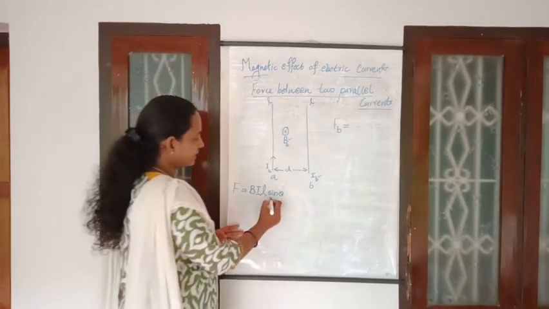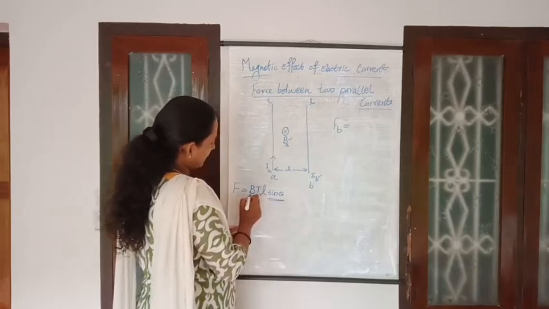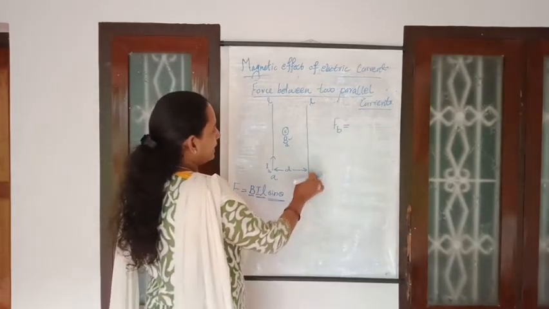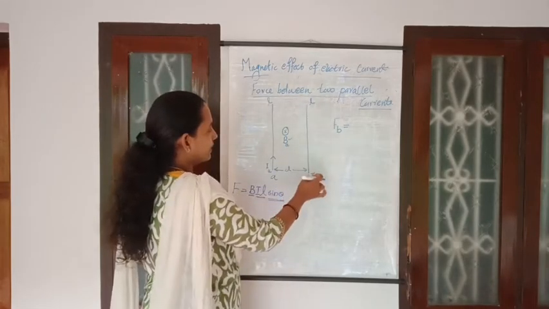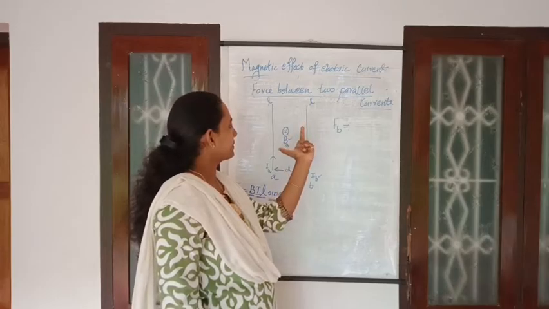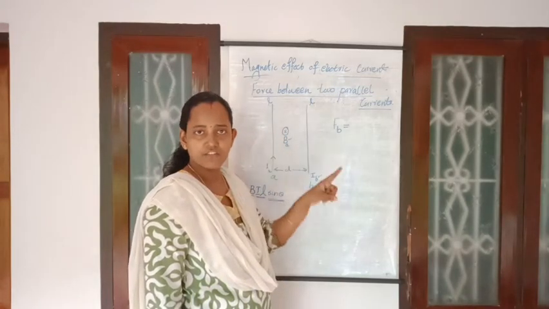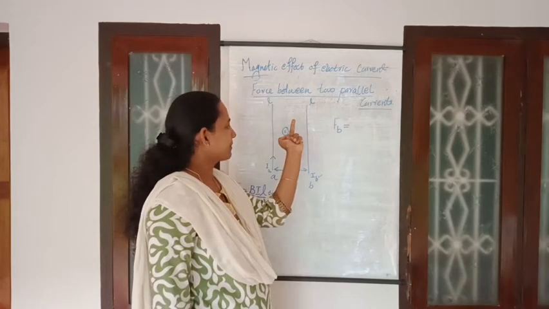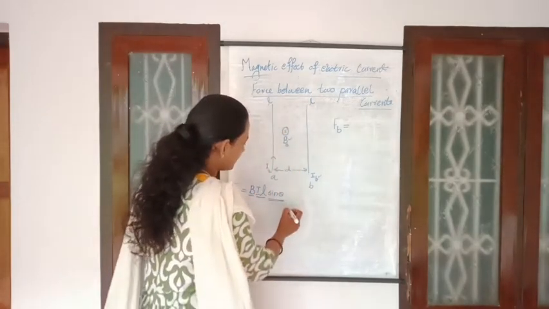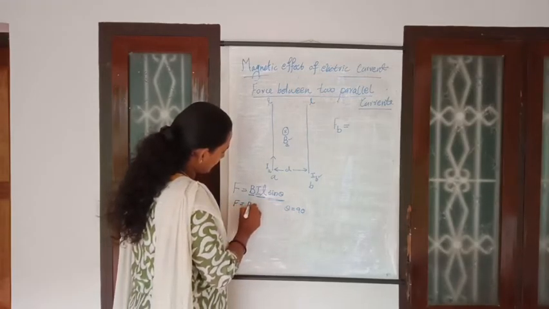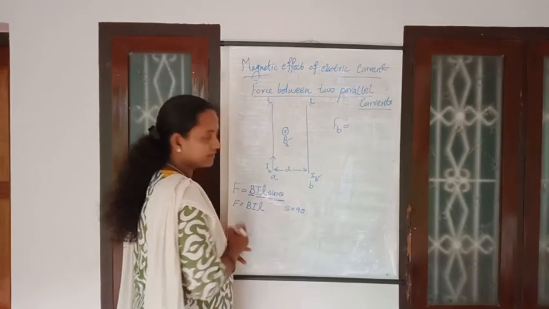But what is theta? Theta is the angle between B and IL. The magnetic field is acting inward and the conductor is kept like this, according to Fleming's left hand rule, so theta is 90. Therefore, force is BIL.